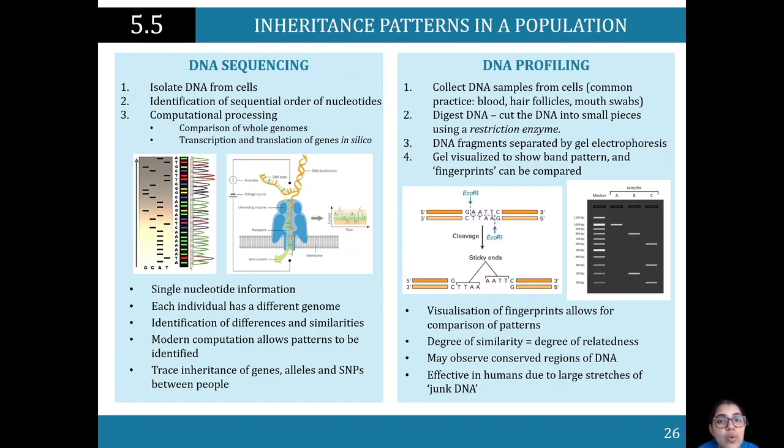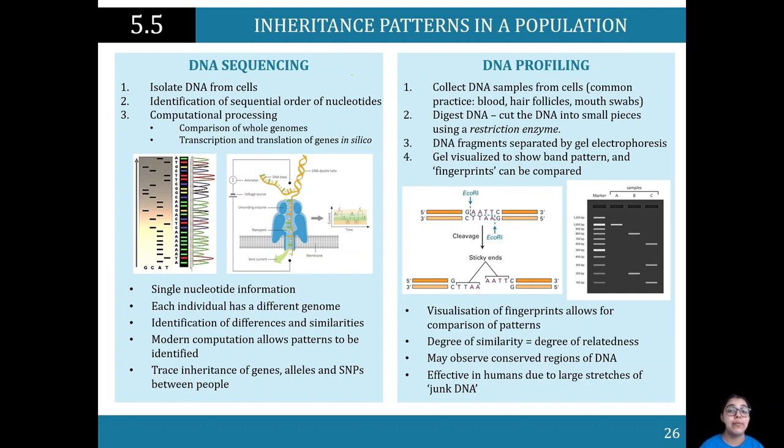Modern computation will also allow for patterns to be processed, and with those patterns we can then trace inheritance of genes, alleles, and also SNPs, so single nucleotide polymorphisms. So the change in a single nucleotide, which is then going to lead perhaps to a bigger change in the whole sequence.